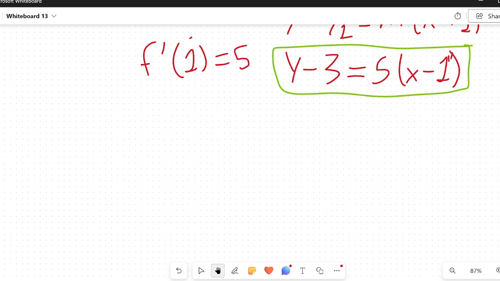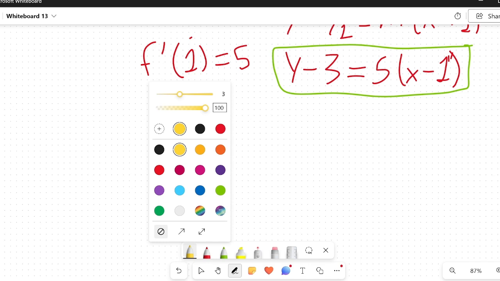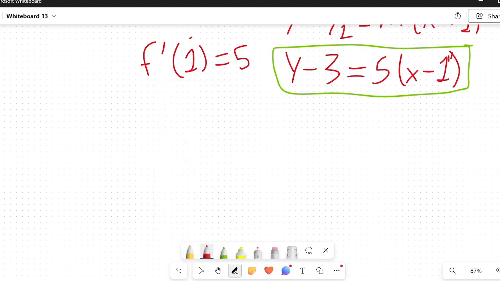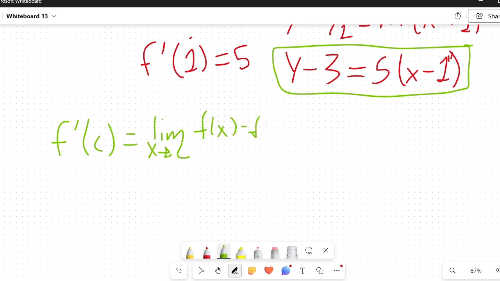So now, before we actually get into talking about the rules regarding derivatives, we have to talk about differentiability and continuity, right? So let's draw another limit form of a derivative. f prime of c will be equal to the limit as x approaches c of f of x minus f of c over x minus c.